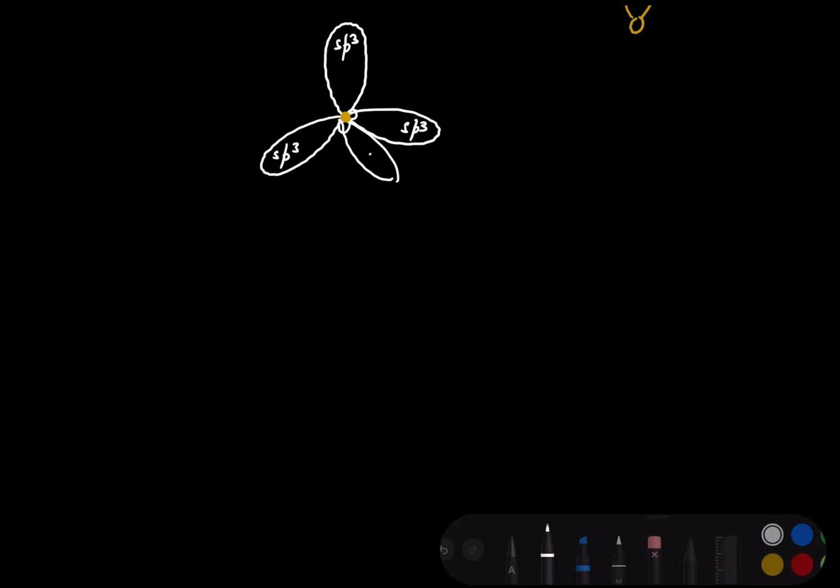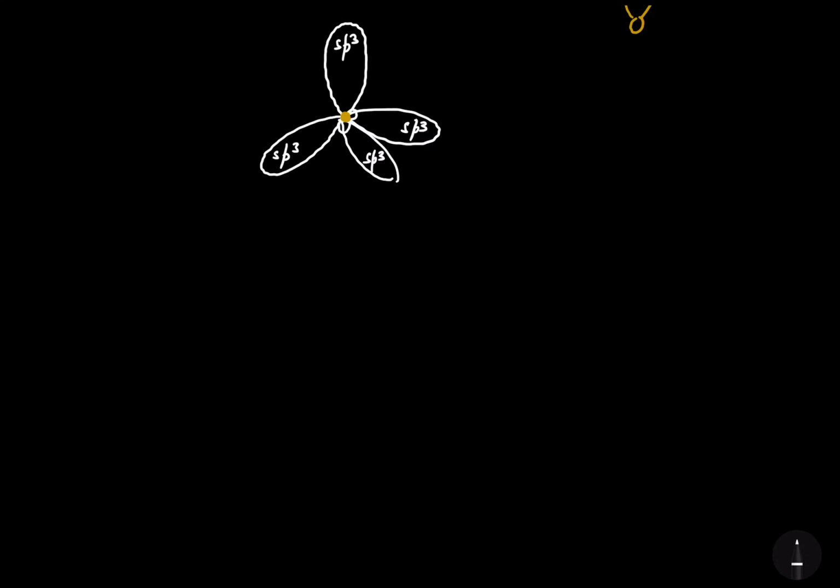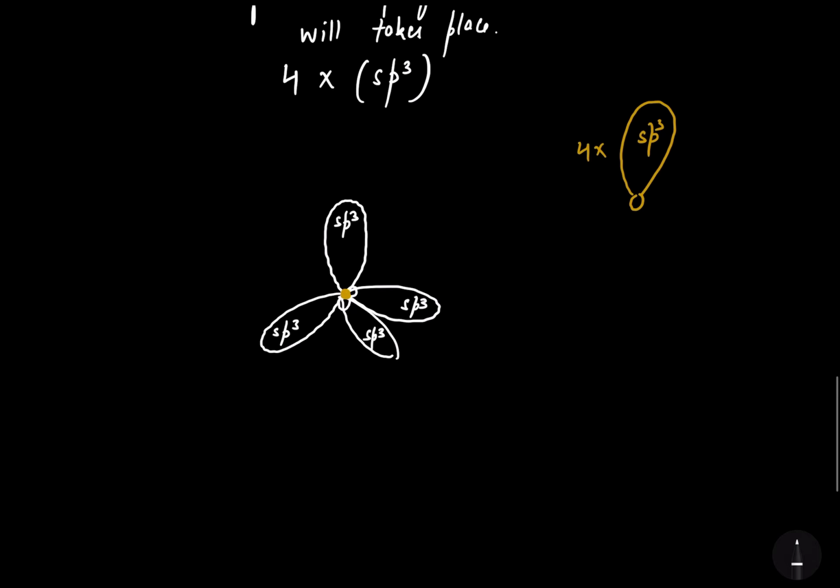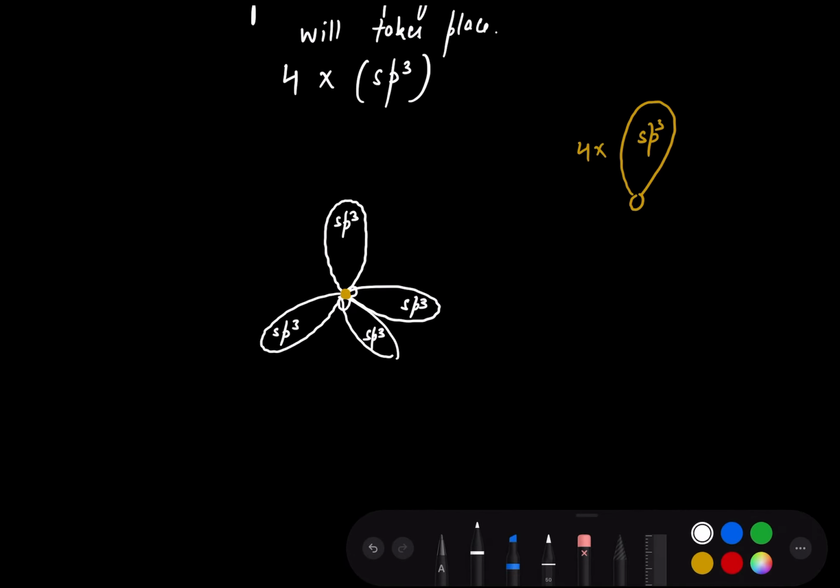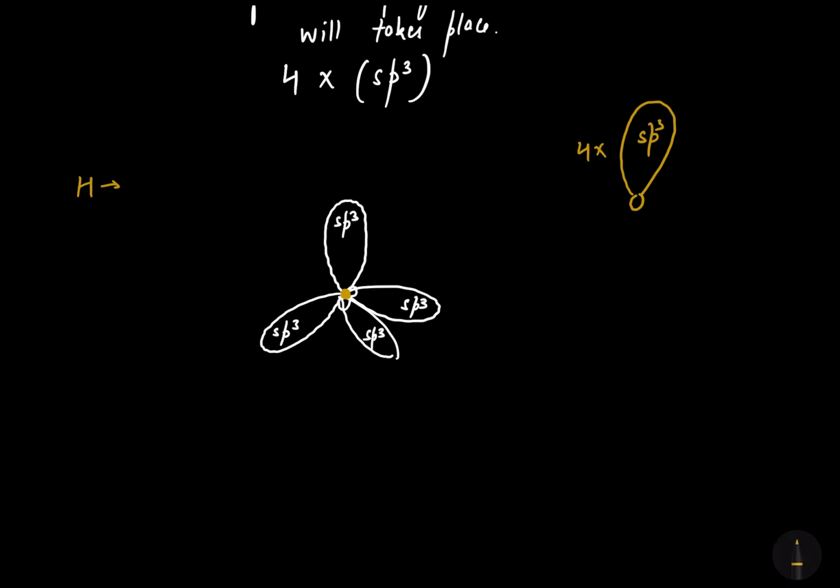That's again sp3. Now what's going to happen? The 1s of hydrogen is going to overlap with the sp3 orbitals of the carbon. We have hydrogen with its 1s orbital, four in number.